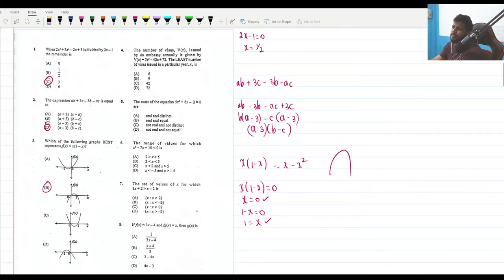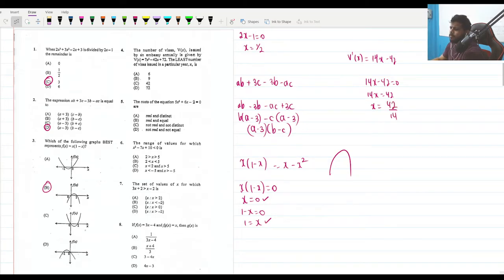There's a repeat question. Calculate the first derivative. V dash x is 14x minus 42. At a maximum, put this equal to 0. 14x minus 42 is equal to 0. 14x is 42, and x is 42 over 14.